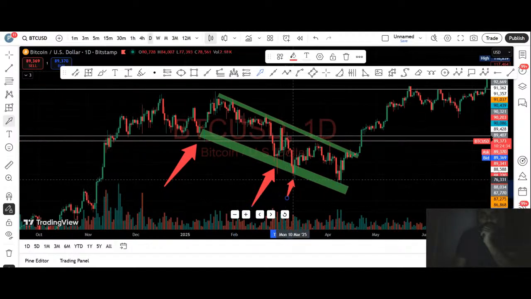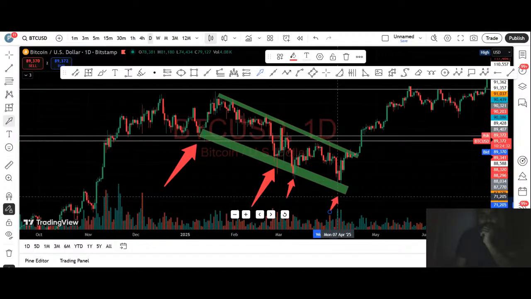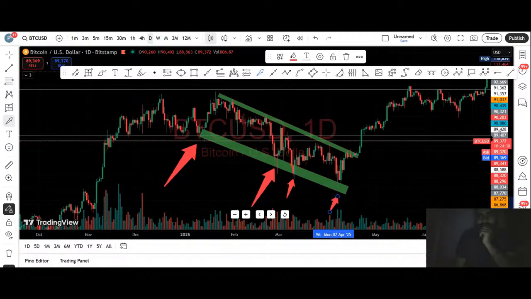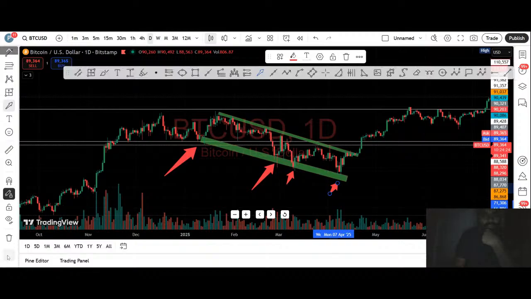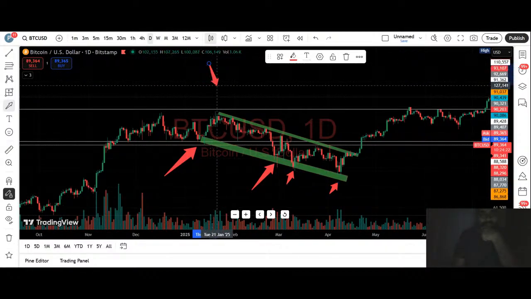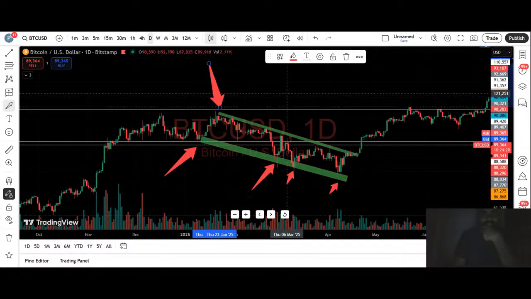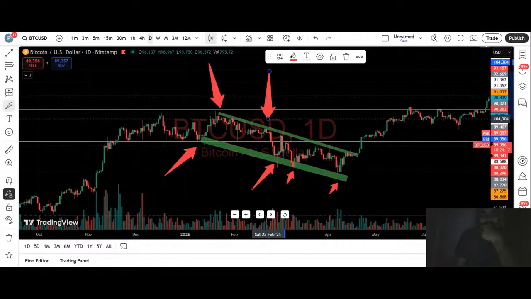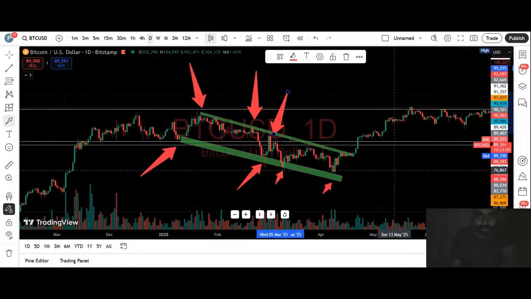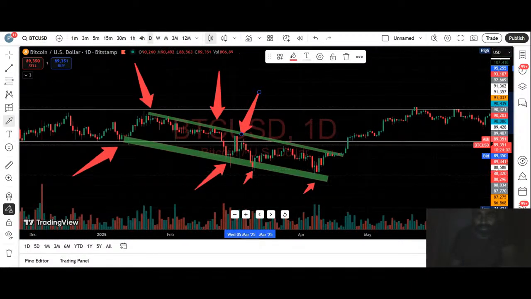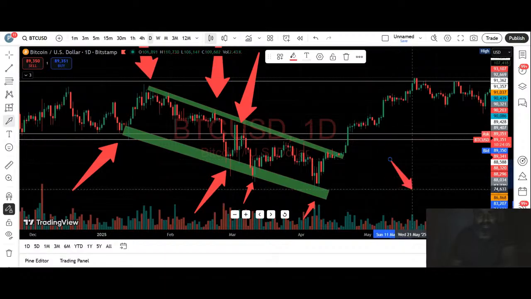At the same point, the price comes to this point, the seller is active. Right. I will show. Yes. See here.